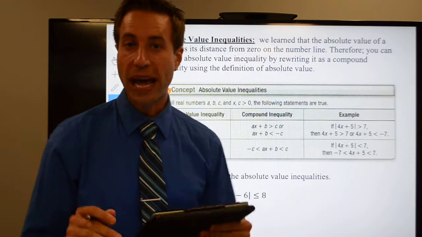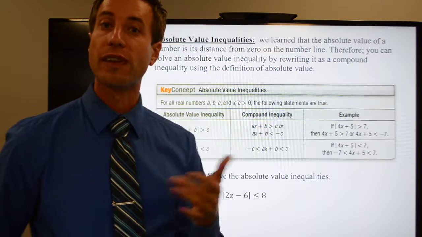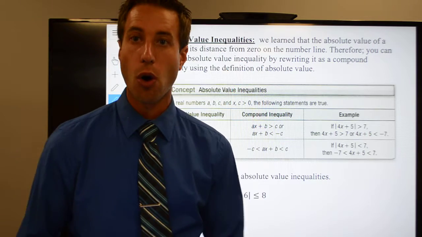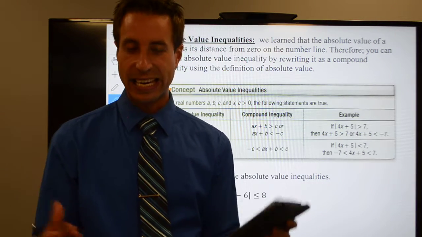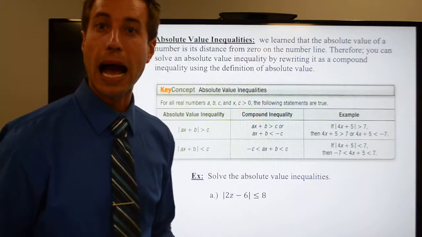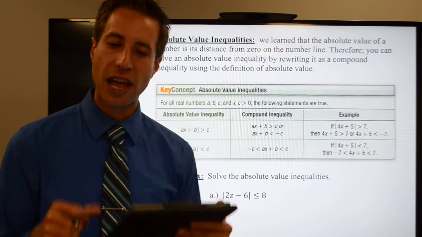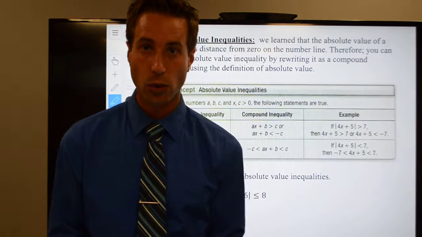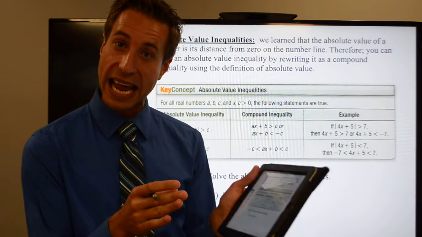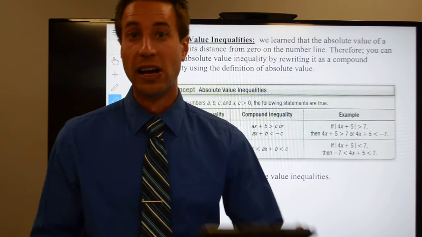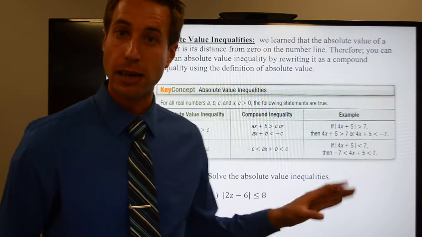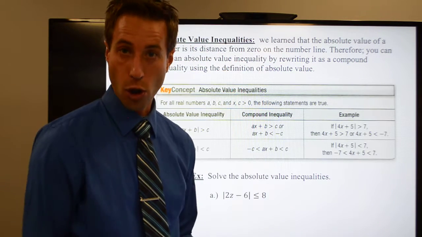Now, you should at this point be very comfortable solving and or inequalities, and that is going to show up here as well. When it comes to solving absolute value inequalities, which we'll take a look at here in this table, it turns out that solving an absolute value inequality is going to be either an and or an or inequality. And that's what this table shows us, how to determine which is which.